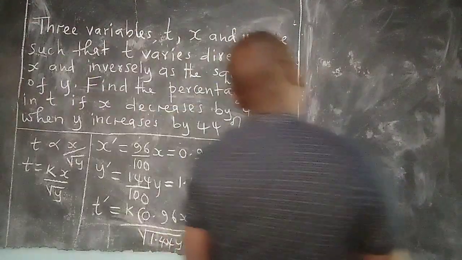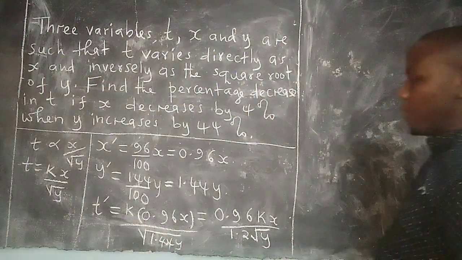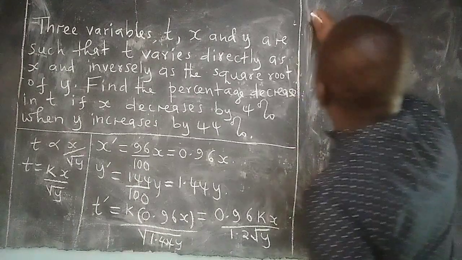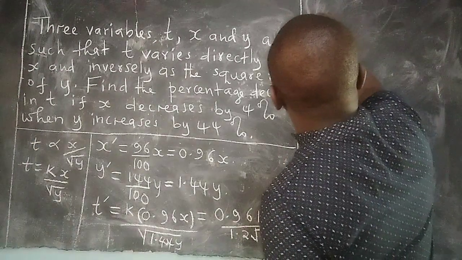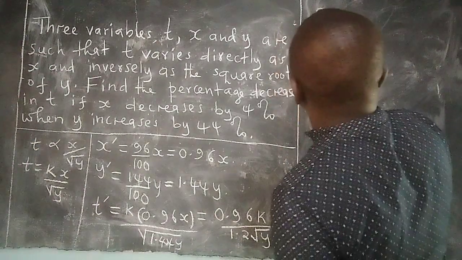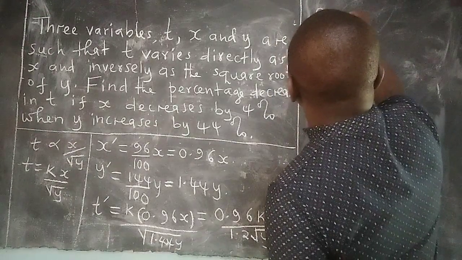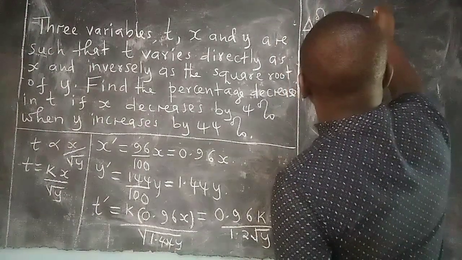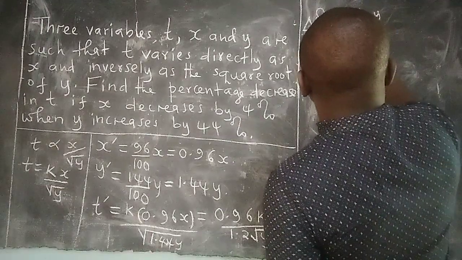So now to continue with this one, we want the percentage change. And the percentage change in t will be given by the new t minus the original t divided by the original t.